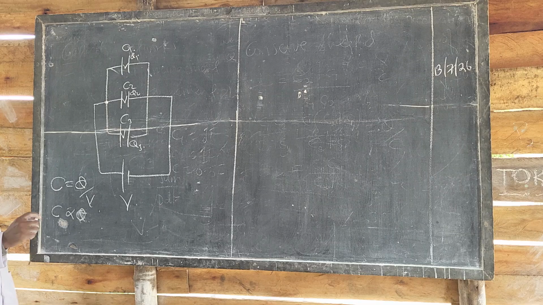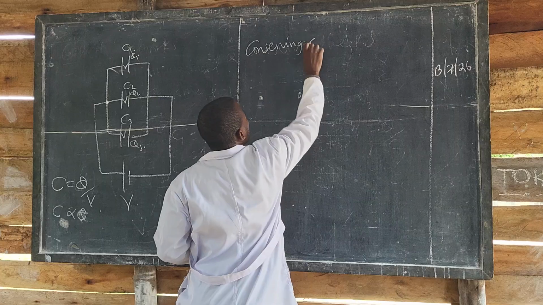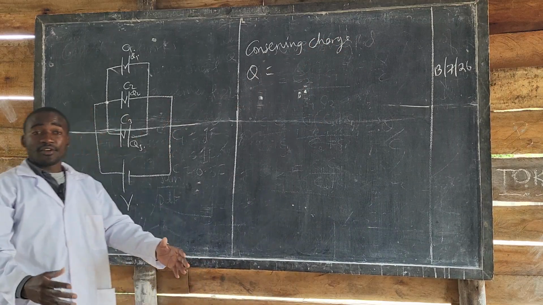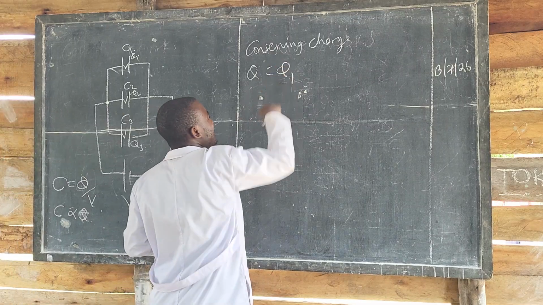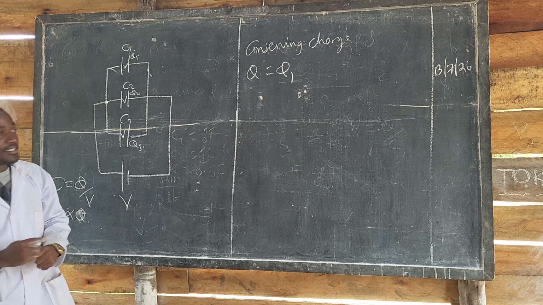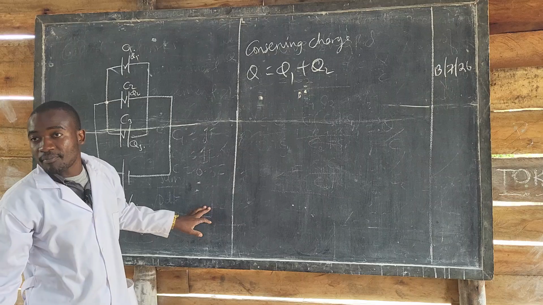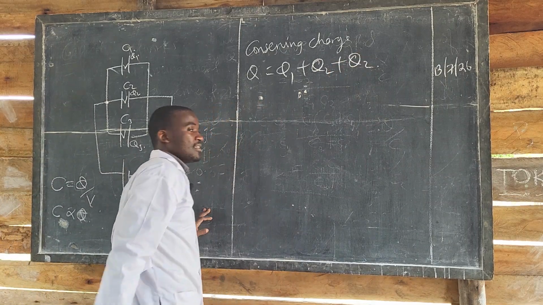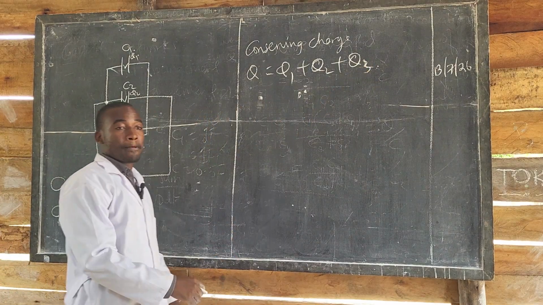So in this case, conserving charge, the charge that you supplied from the cell equals the charge that the capacitor with capacitance C1 grabbed, plus the one by the capacitor of capacitance C2, plus the one of the capacitor whose capacitance is C3, Q3.